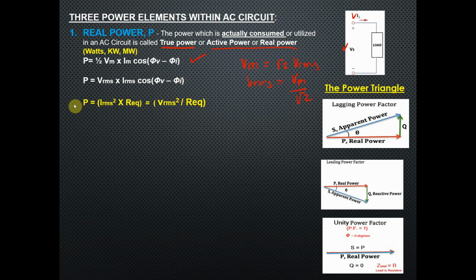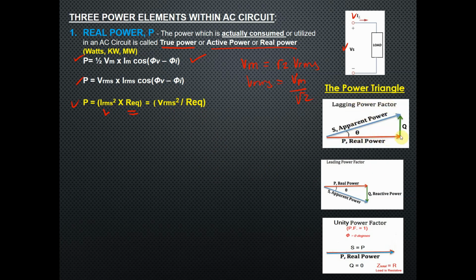So now, also another equation is power is equal to IRMS squared, the square of the current, multiplied by the resistance, is equal to VRMS squared over R equivalent, right? So we have two formulas here. This is in terms of current, IRMS squared times REQ, or VRMS squared over REQ. Now, let us check about the power triangle.